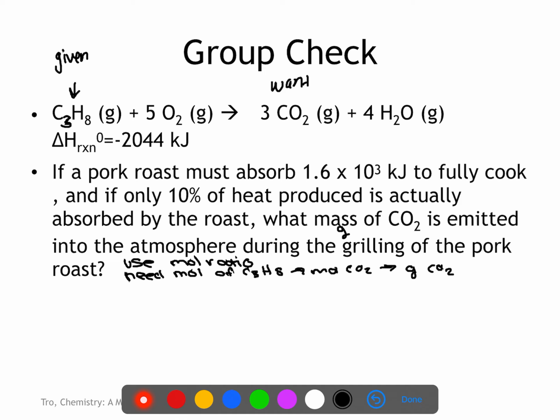So basically, I'm going to have to use my information given here to figure out exactly how many moles I have. Well, I'm told that I have 10% of heat produced.